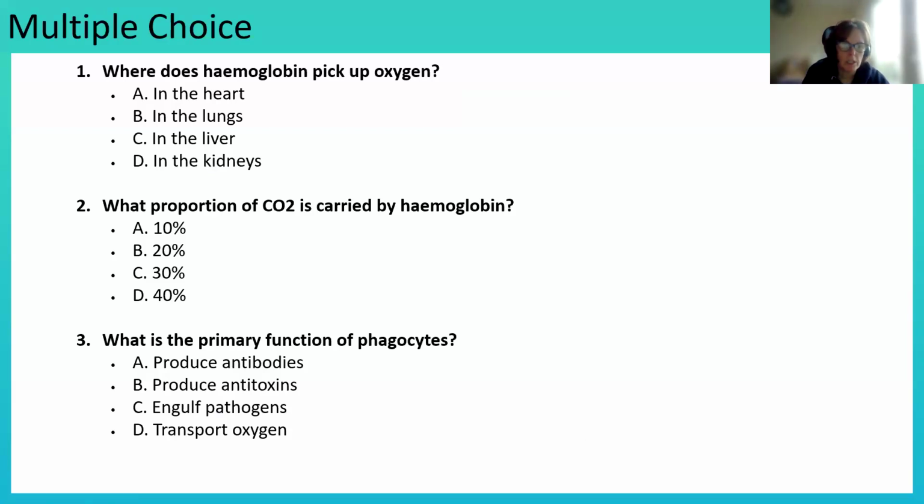So, a couple of questions then. These are just relating to specialized blood cells. Where's the hemoglobin picking up the oxygen? What proportion of CO2 is carried by hemoglobin? And what is the primary function of phagocytes?